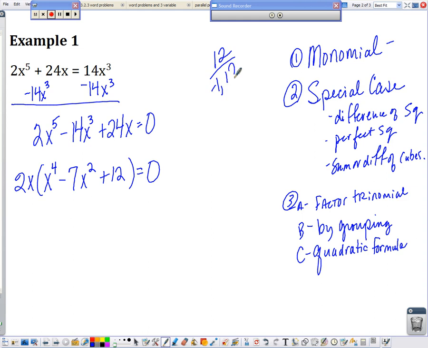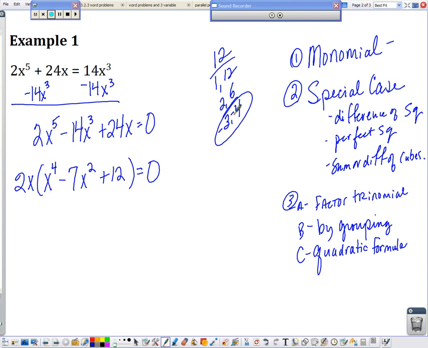But remember, 1 times 12, 2 times 6, none of these add up to 7. 3 times 4 gives me 7. But remember, I need a negative, so I'm going to change both signs. A negative 3 times a negative 4 gives me a positive 12, and a negative 3 plus a negative 4 gives me a negative 7.